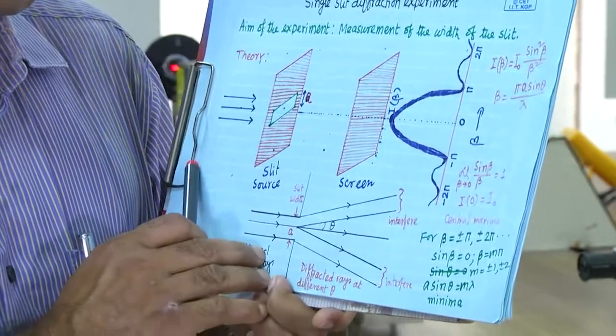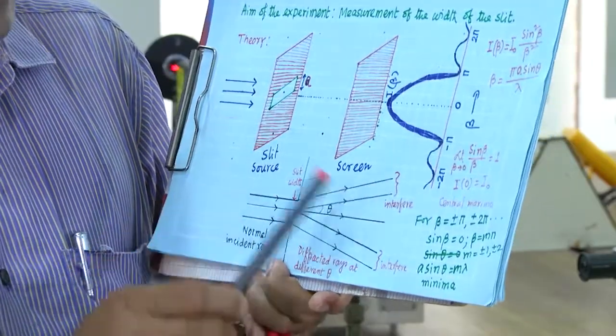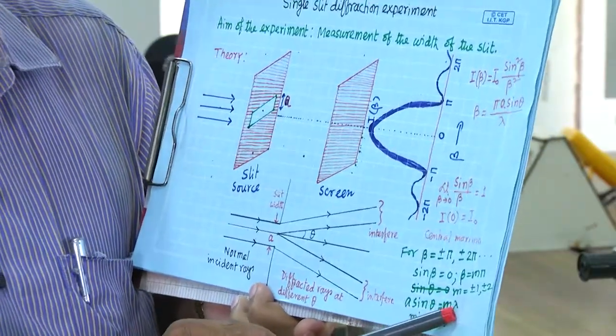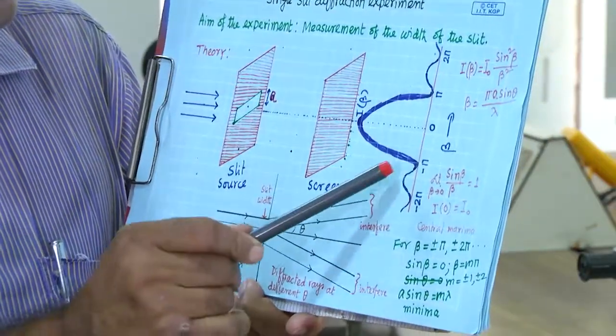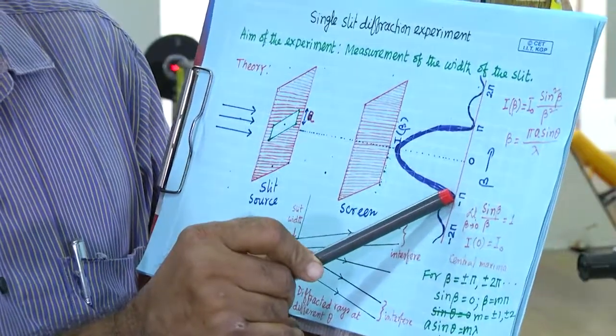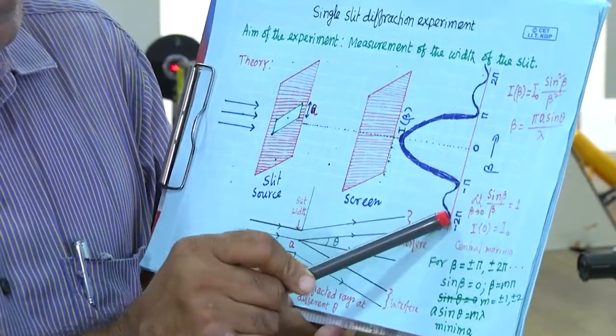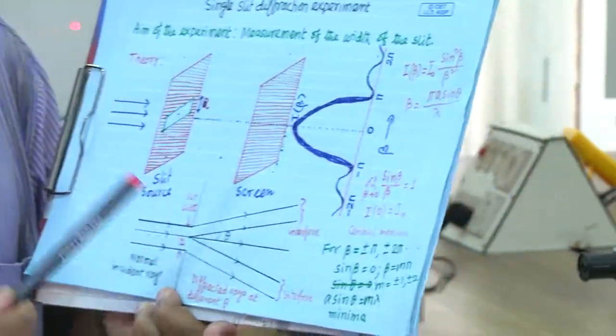Lambda is known to us, and m will also be known, because this is the first order minima, then second order, third order minima, so m will be 1, 2, 3.